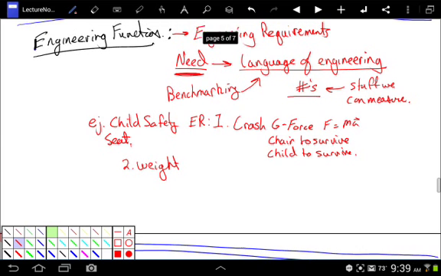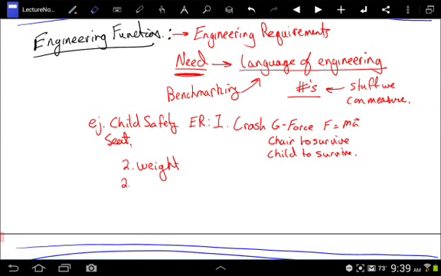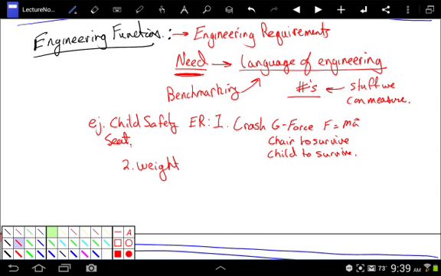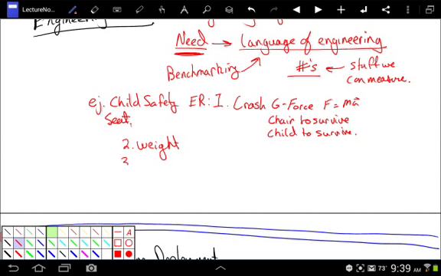Let's talk about comfort. How would you translate comfort into an engineering requirement? This is difficult. Well, you could put a bunch of babies into car seats and talk about the average time to tantrum.